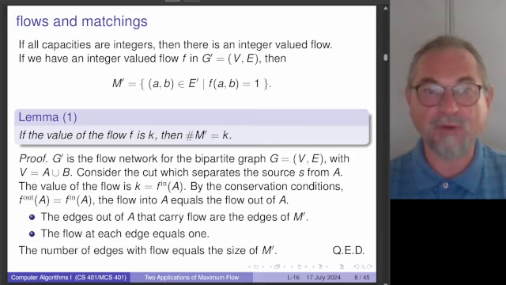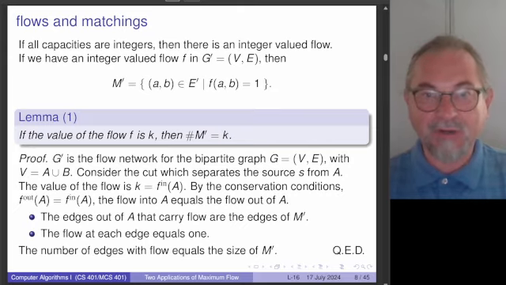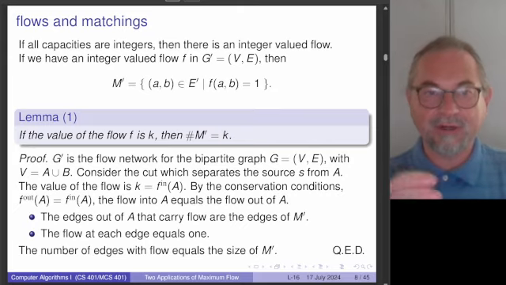Okay, how are we going to show this? Well, we're going to use the optimality. When the Ford-Fulkerson algorithm terminates, it follows from the optimality condition that there is a cut which partitions the graph.